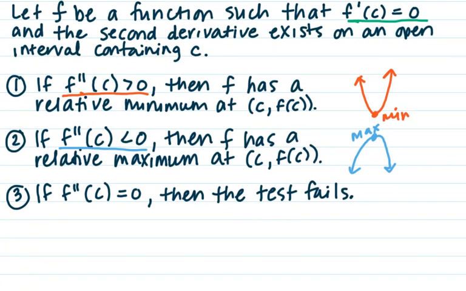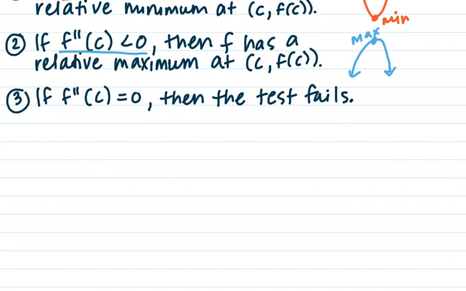So if all this does is what we already know how to find from the first derivative, what's the point? Well, it's kind of like a backup test. A lot of times you can use it to check your work, and it does the same thing as the first derivative as far as telling us where the relative extrema are.